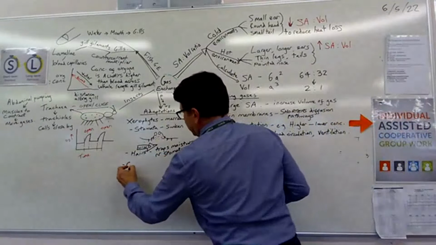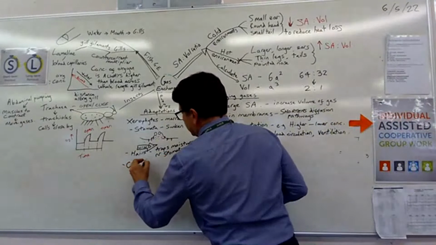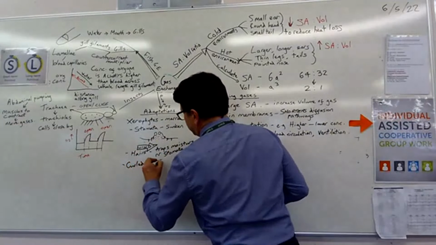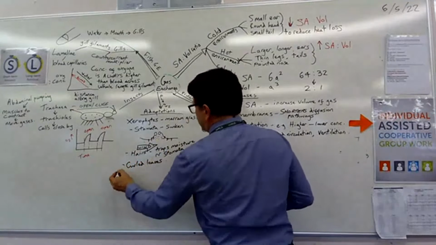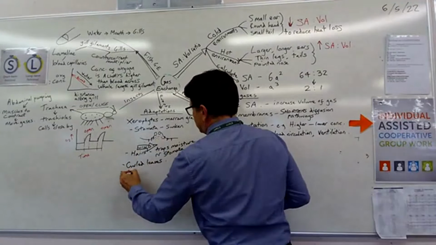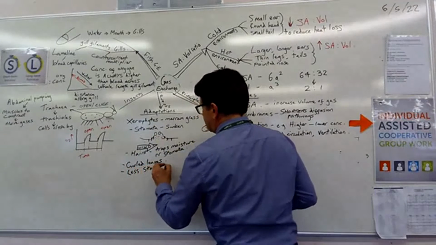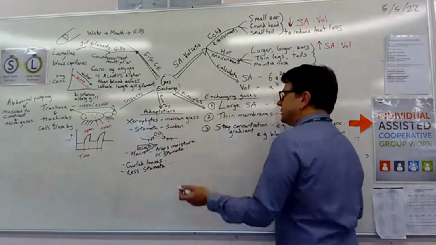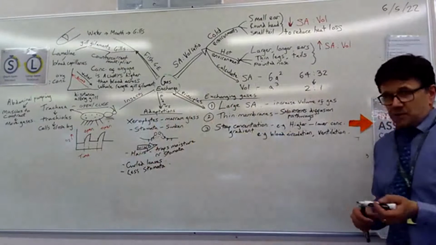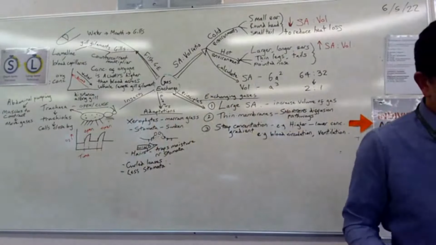They could have curled leaves, again to stop moisture leaving, and also fewer stomata. It's a real problem for plants because they need stomata for gas exchange, but they can lose lots of water vapour from them as well.